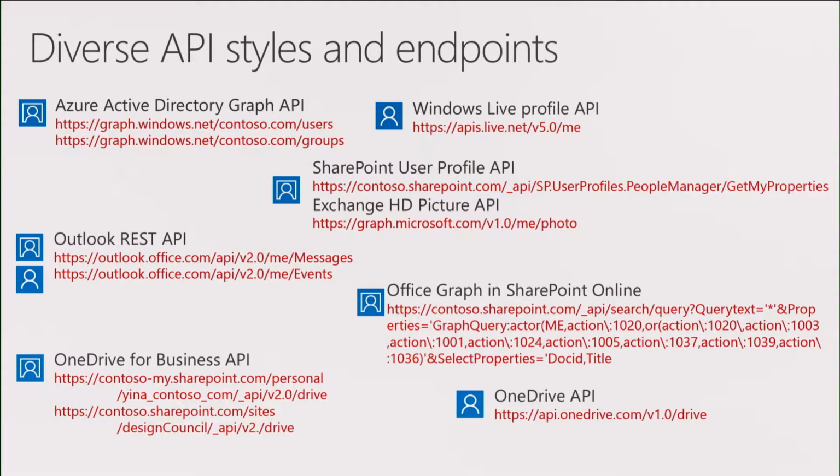To make that more concrete, here are some examples of what the APIs used to look like pre-Microsoft Graph. I've just got the URLs up here, not the response packets from the APIs. But even among the URLs, there was an awful lot of diversity, whether they were personal or work APIs. The API shapes themselves were very different, and you can imagine the response packets tended to be quite different from each other.